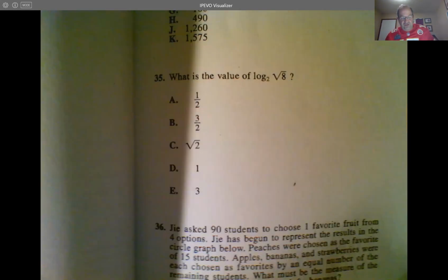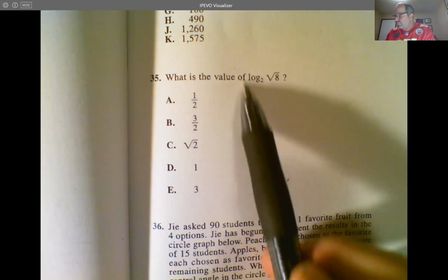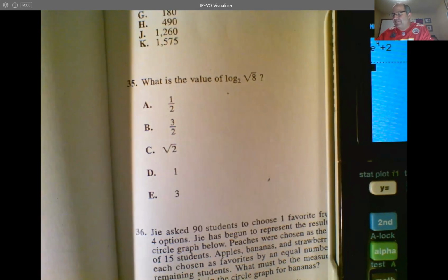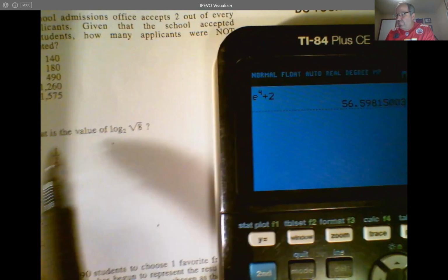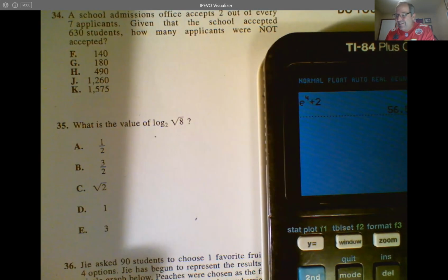Because ACT really doesn't care how you get the answer as long as you're not cheating, right? And you can use the calculator in the whole test. It says, what's the value of this? Well, let's just type the darn thing in the calculator. ACT thinks that your calculator will not do, this is number 35, by the way, a base 2, but you know what? It does. They just didn't know it.